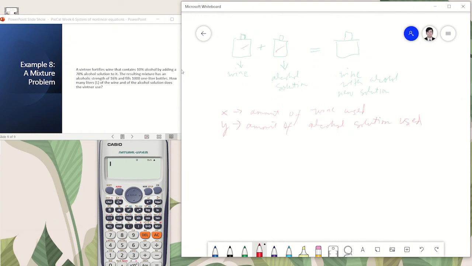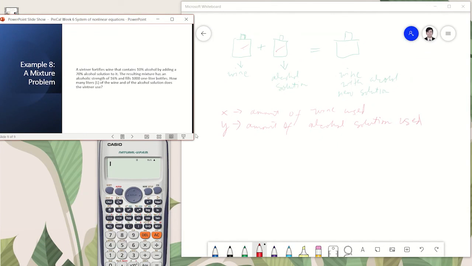By simply looking at the situation on top, we can already come up with an equation from it and translate. So, first of all, it says that the wine contains 10% alcohol.